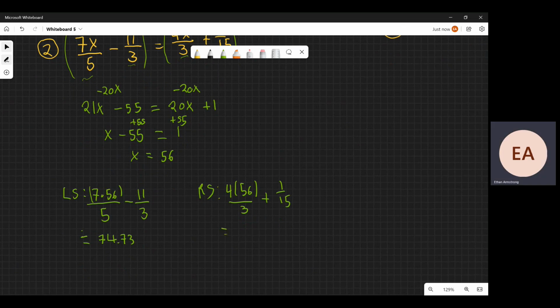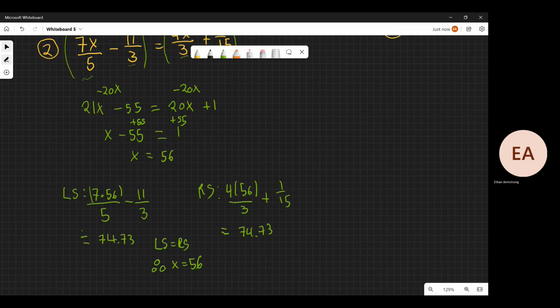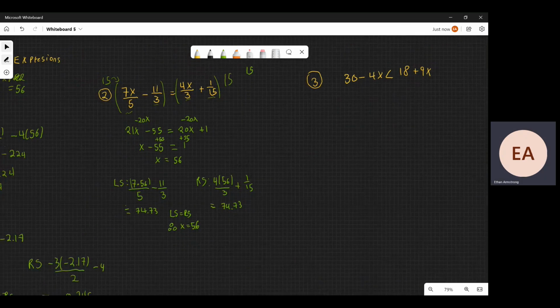That equals the same, 74.73. Since our left side equals right side, then we know for sure that x equals 56 for this equation. Great, and let's see what we got next.